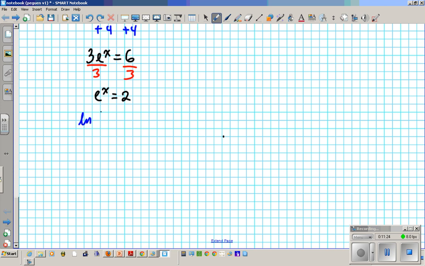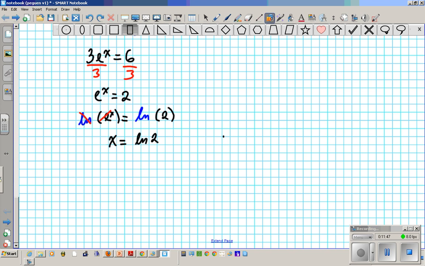Take the natural logarithm of e to the x on the left side, and on the right side, you take the natural logarithm of 2. Okay? So ln and e are inverses, so they cancel out. This and this cancel out. So you're going to have x equals the natural logarithm of 2. Alright? So there goes your answer.